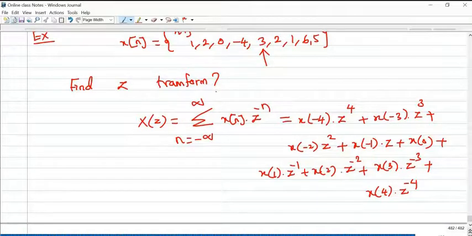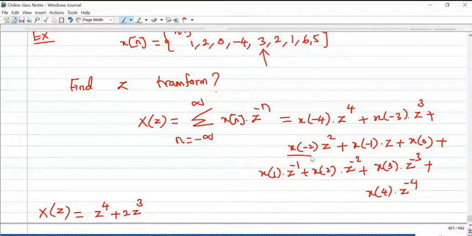Okay. Similarly, only a positive side signal may be given, or only a negative side signal may be given. But anyway, compare with the fundamental formula and complete it. So x of z equals minus 4 z power 4, plus 2 z cube, z square, x of minus 2 is 0, so this term will be 0.